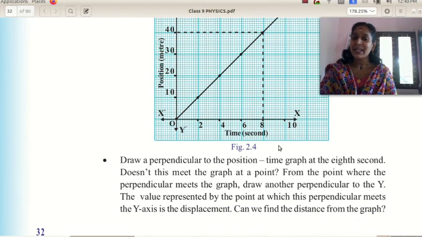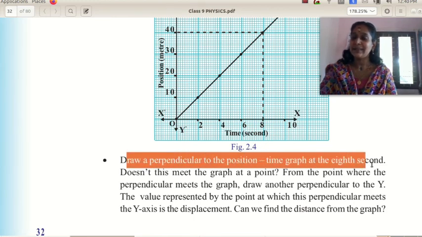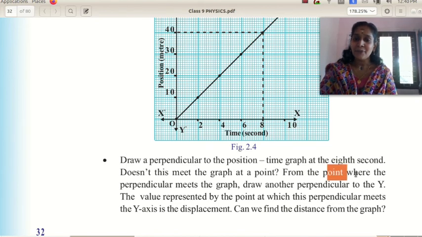So we can draw a perpendicular from this 8th second. Draw a perpendicular to the position diagram at the 8th second. This meets the graph at a point. From the point where the perpendicular meets the graph, draw another perpendicular to the y-axis.